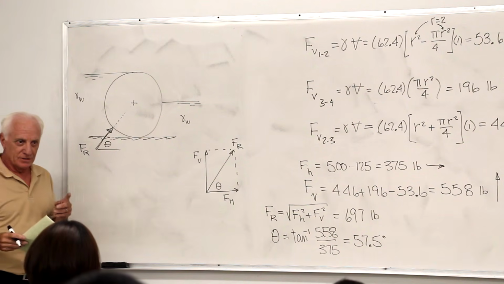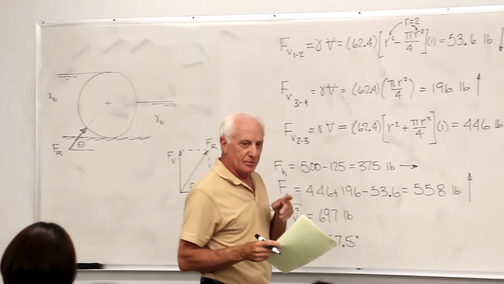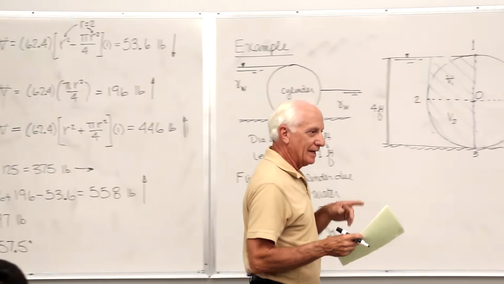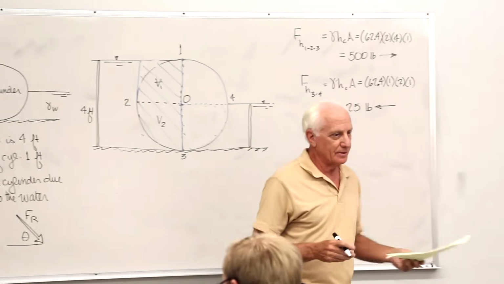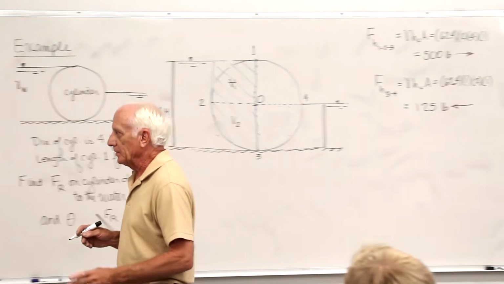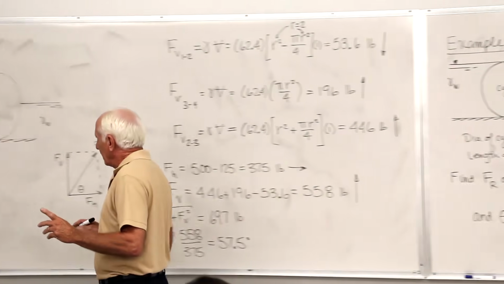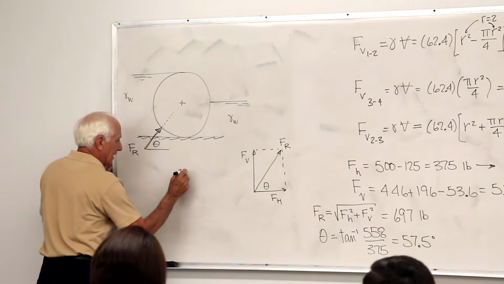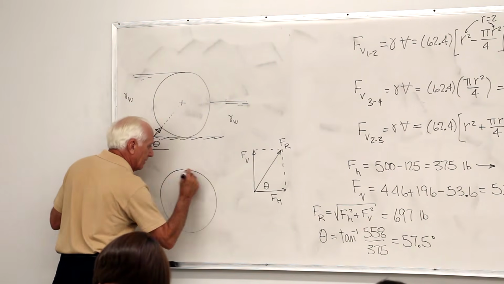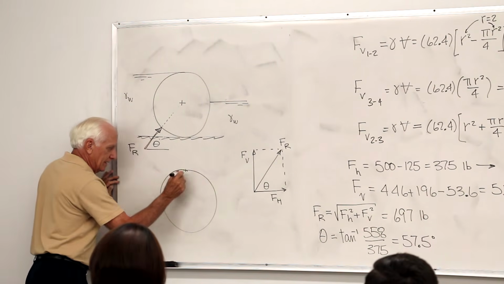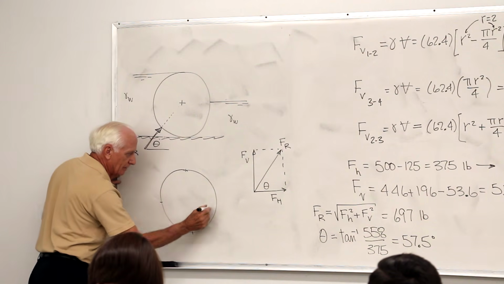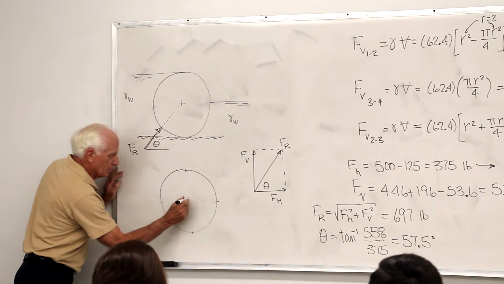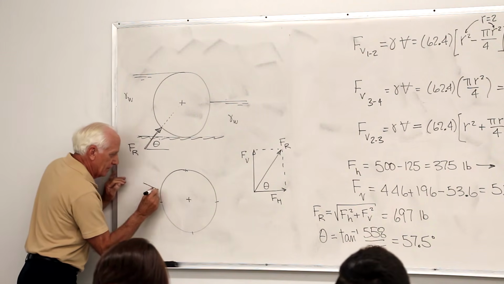That resultant force has to go through the center of the cylinder. Why? Because the pressure force at every point on that cylinder from the water also goes through the center.